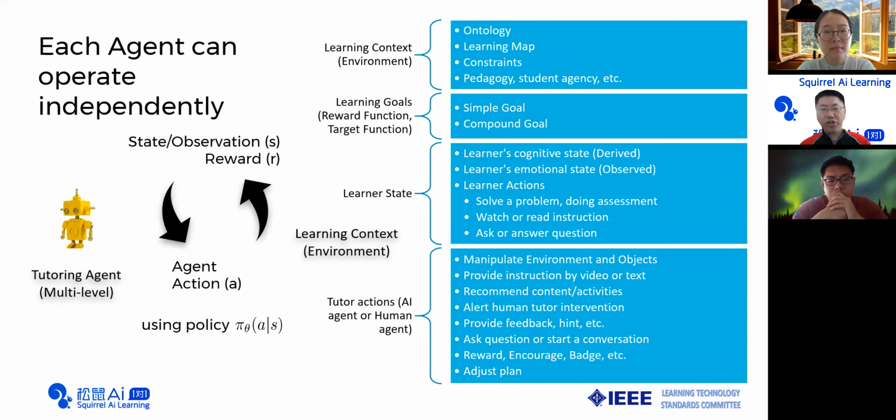The learner state is basically the state that the agent can observe in order to optimize, or build reinforcement learning iterations from this state. And the actions are the action space that the AI agent can take.